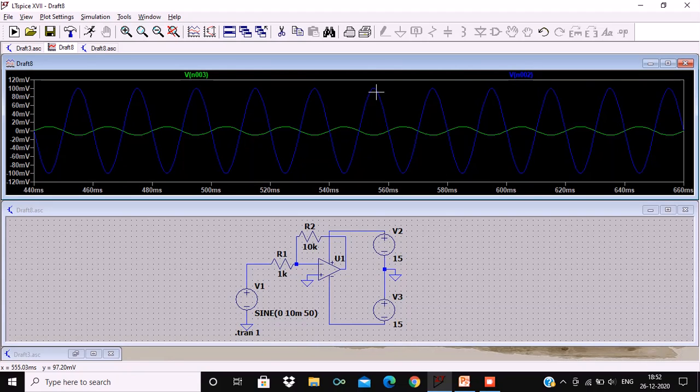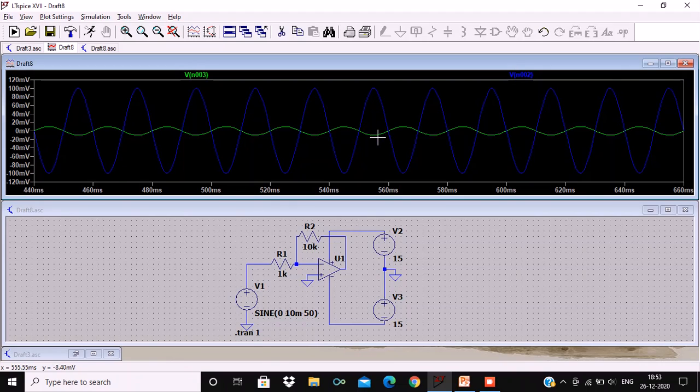Since my input wave has an amplitude of 10 millivolts, and output signal has an amplitude approximately 100, so my output wave has an amplitude of 100 millivolts.